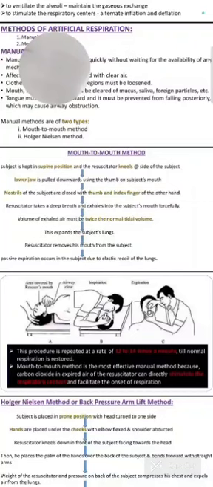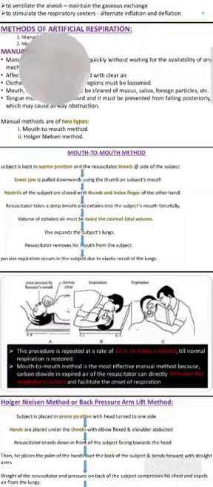The lower jaw is pulled downwards using the thumb on the subject's mouth. At the same time, using your other hand over the forehead, lift the head, keeping the neck in a slightly extended position. This position itself opens the airway.